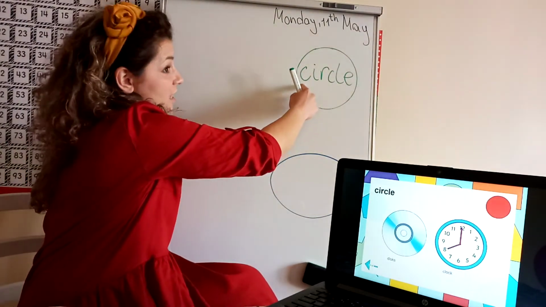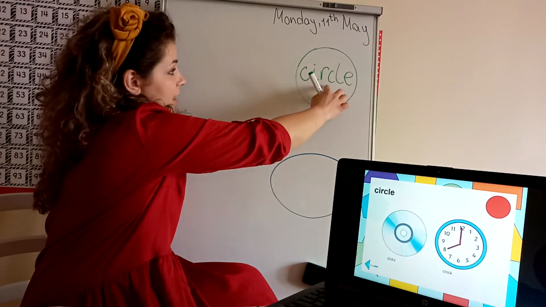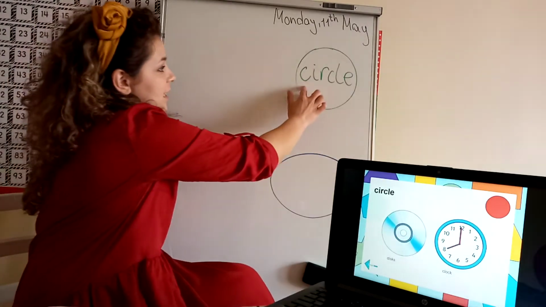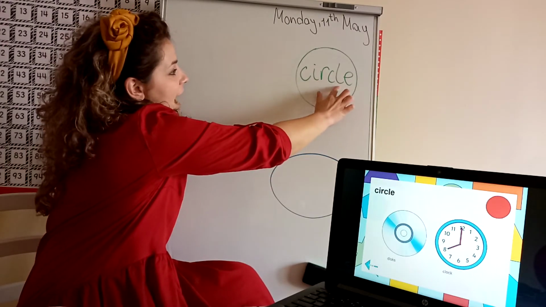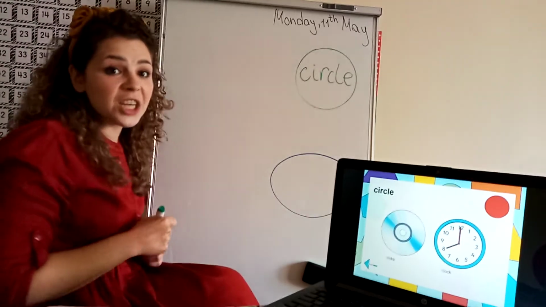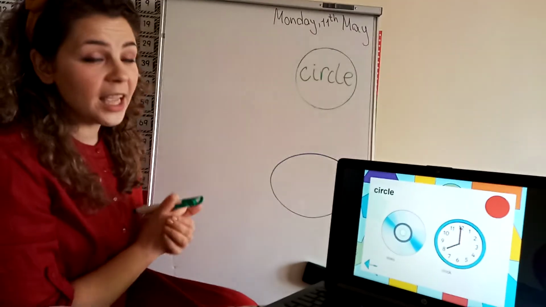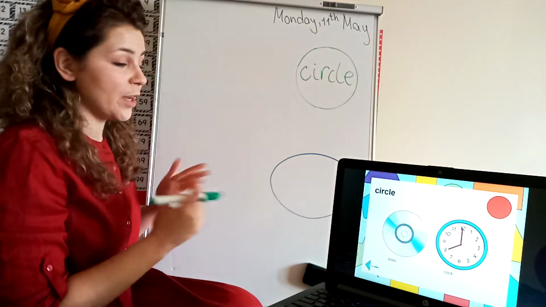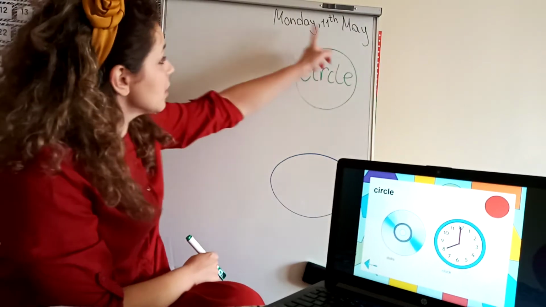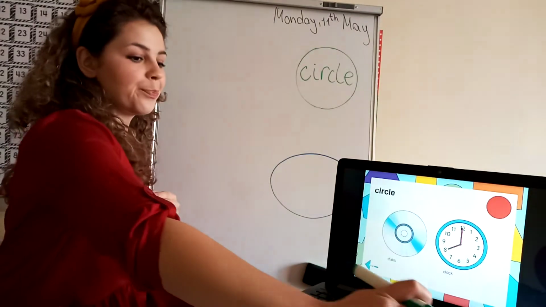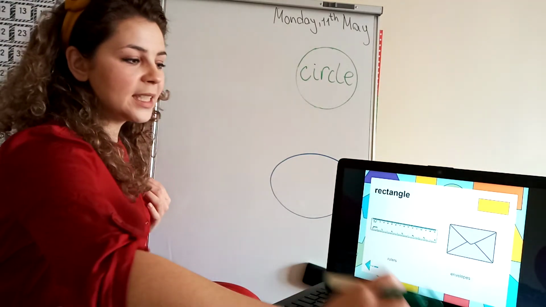Here it is s, circle, and here it is k. But if I spell it out, it's C-I-R-C-L-E. Circle. Basically, it's a tricky word when writing. You need to look at it and try to remember. So this is circle, and circle has one side. Let's see what's next.